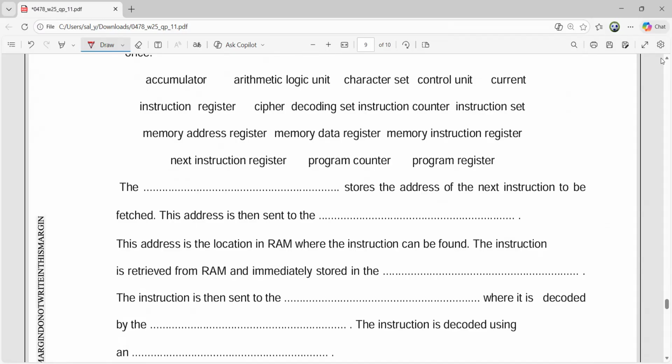Okay, you want to attempt it? You want to try it? Okay, fine. Then we will share the answers and see whether our answers are matching or not.